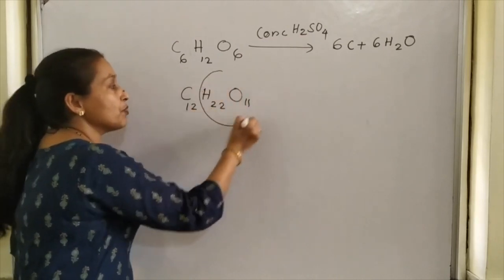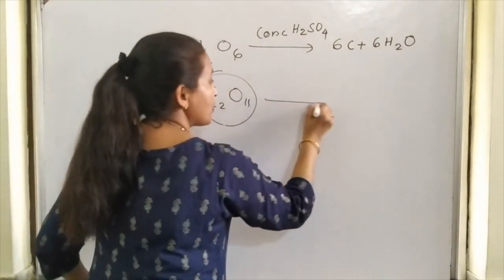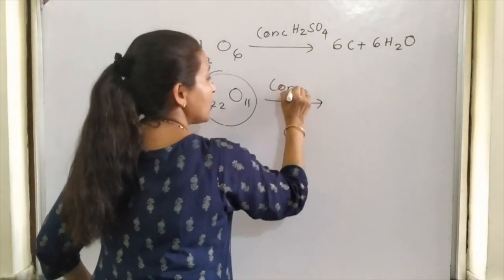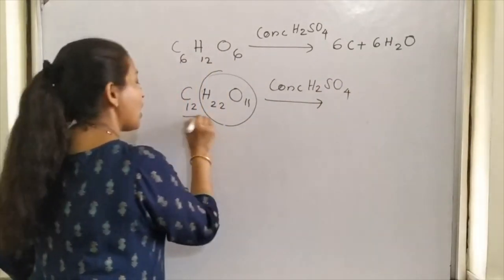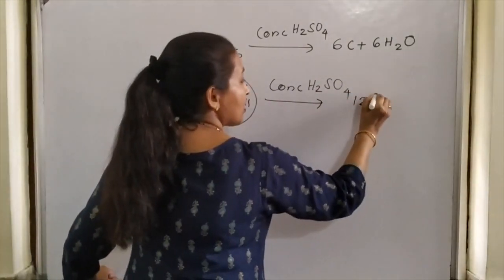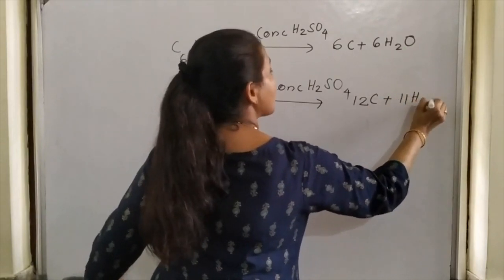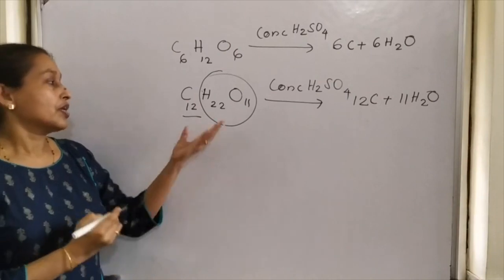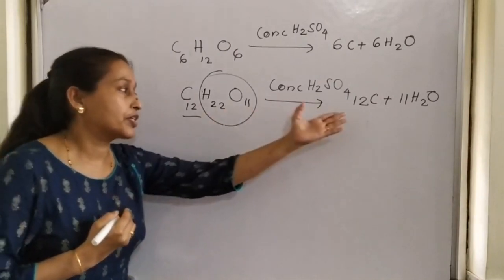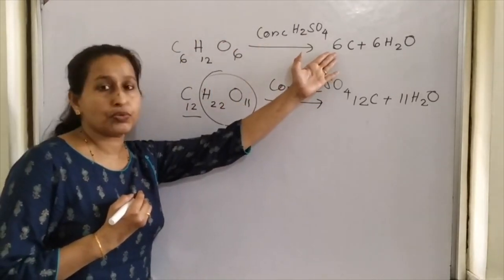This will be removed if you add concentrated sulfuric acid to table sugar. We get carbon, and the 11 molecules of water will be removed by concentrated sulfuric acid. That means the sugar will be turned into carbon. Here also glucose will be turned into carbon.